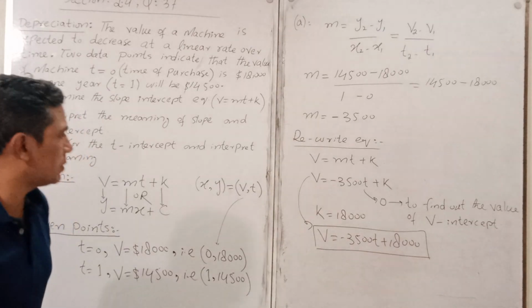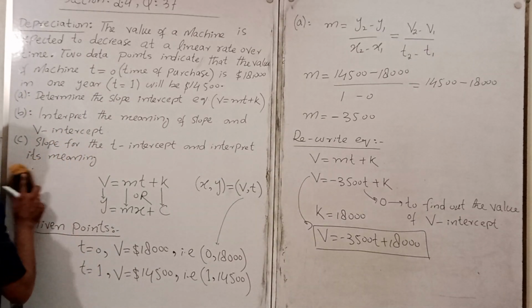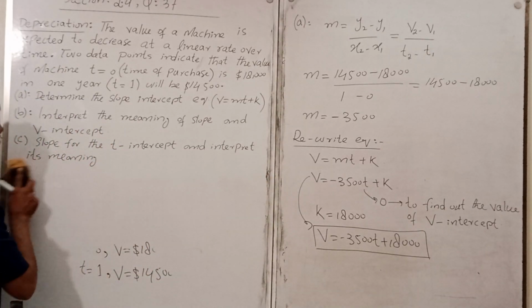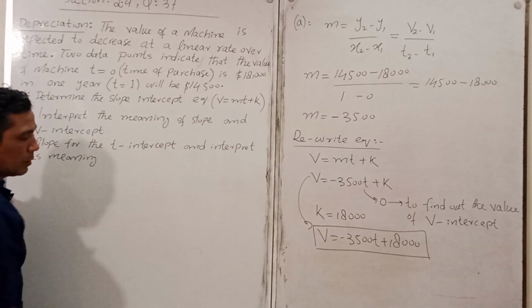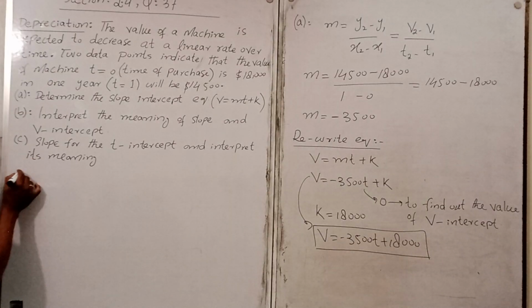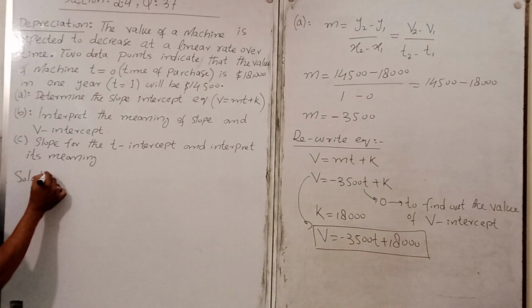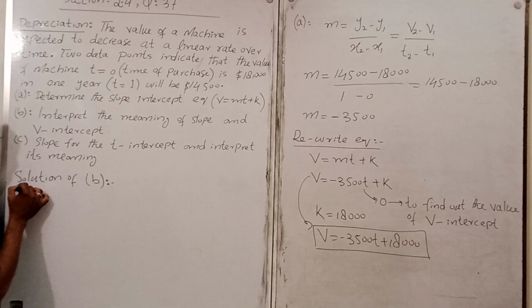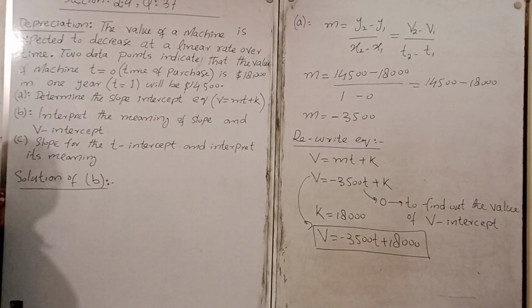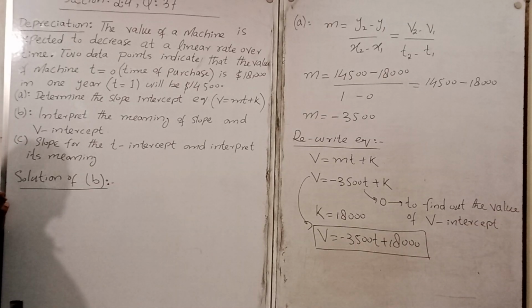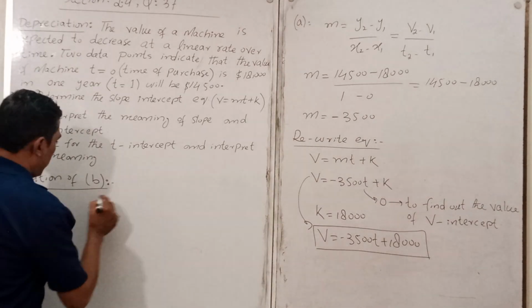So the B part is here, the solution of B. Okay, you have to interpret. What does it mean?